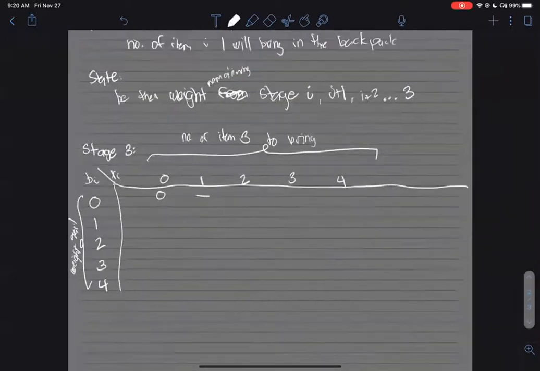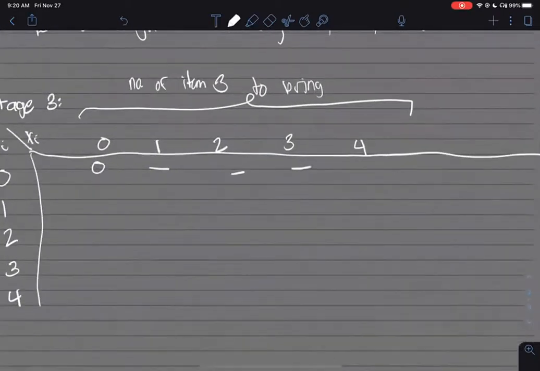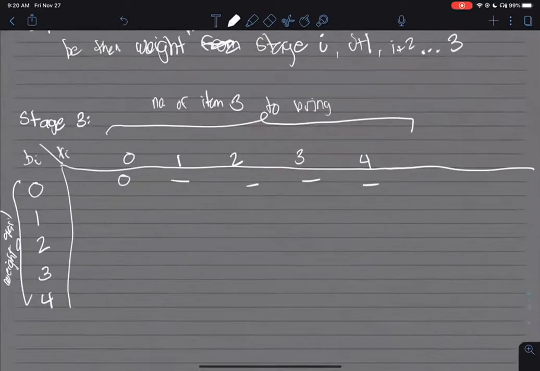That goes for 2, 3, and 4. I am not able to bring 2, 3, or 4 items of item 3 if I have 0 weight left available. Everyone follow? Okay, thank you, Aaron.